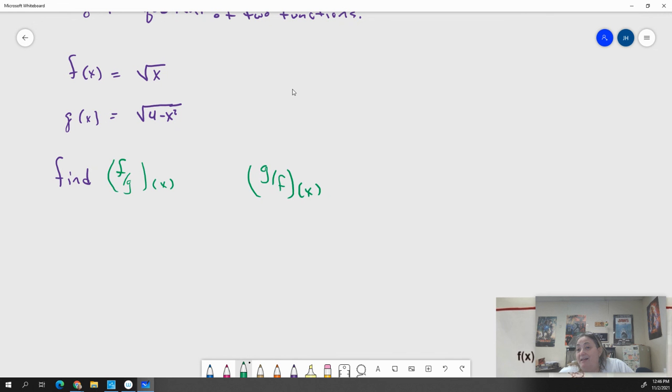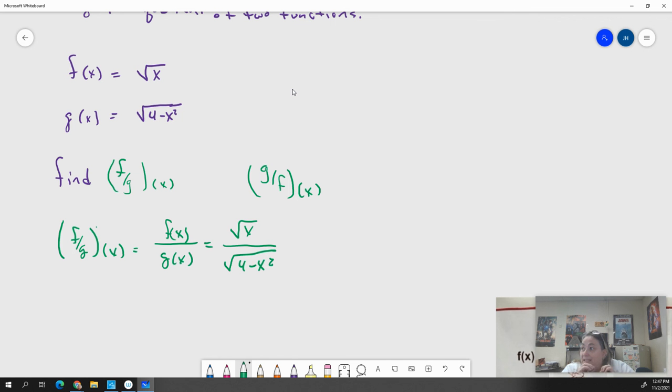But it is not, because what we do know is that f over g of x can be written as f of x over g of x. What do we know f of x is? It's the square root of x. What do we know g of x is? It's the square root of 4 minus x squared. Literally, that's it.